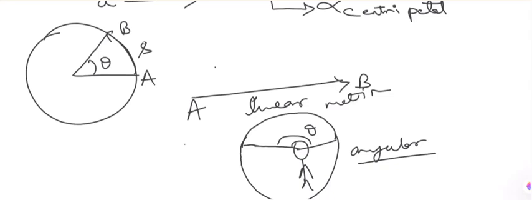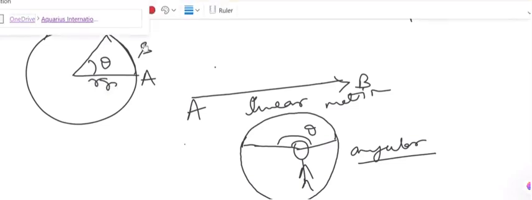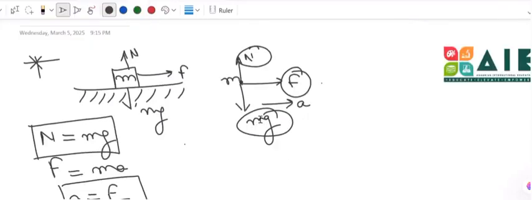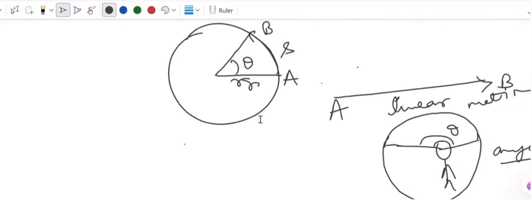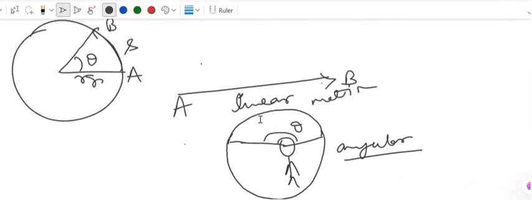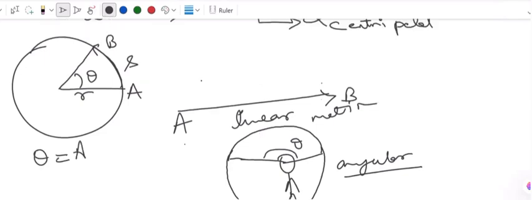Understood? Great. So now you are aware that the radius is r. If I have r, I know that to find the angle, the formula is arc over radius.